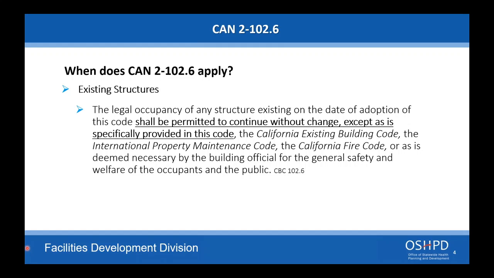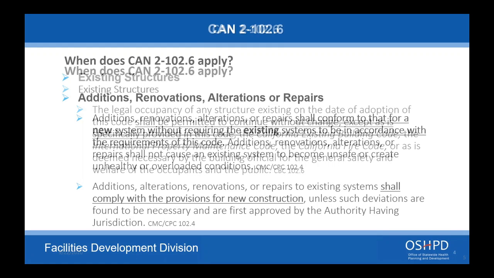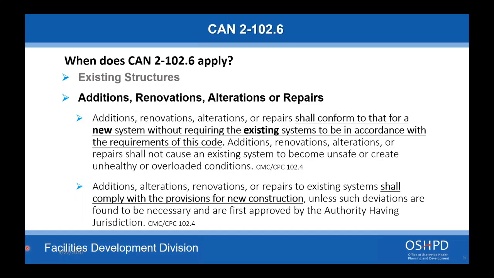But we don't see this very much. So as a general rule, if it is built in compliance with the code, it can remain in use as is indefinitely. And that's a key point for this whole presentation, so something to keep in the back of your mind. So we're looking at additions, renovations, alterations, or repairs. They shall conform with that of a new system without requiring existing systems to be in accordance with the requirements of this code.